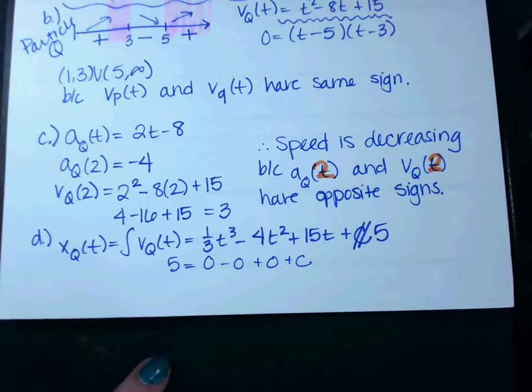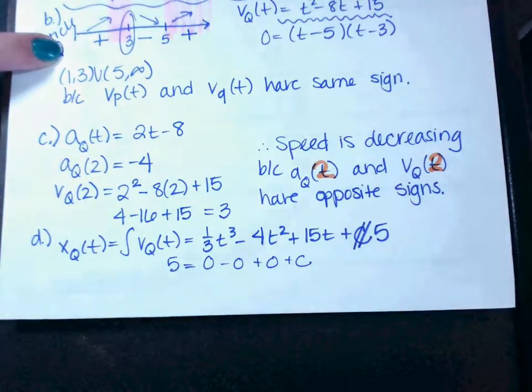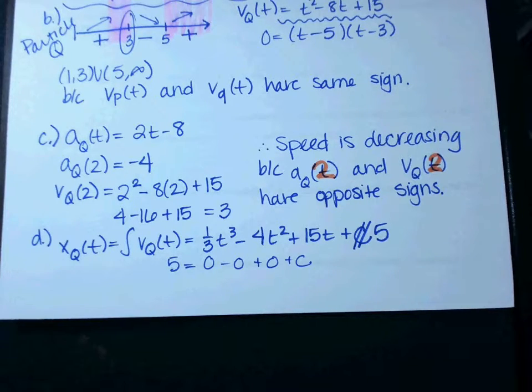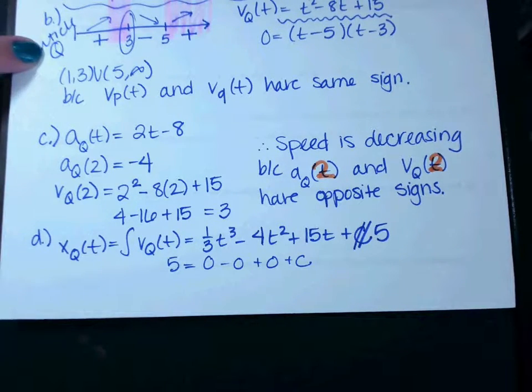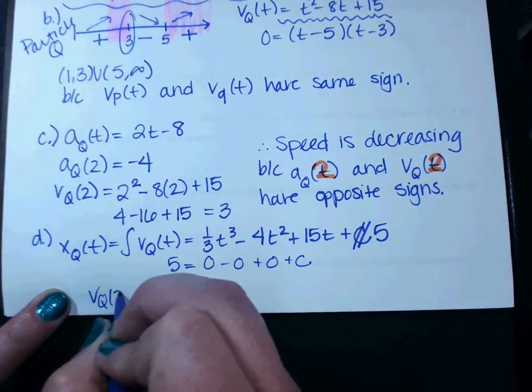Now, when did they want the position? At the first time it changes direction. Well, lucky for us, we already did that. Look at particle Q's sign chart. When did it change direction the first time? At 3. So with the 2 particles, you just have to make sure you're paying attention to the right one. So particle Q changed direction at 3. And remember, you do not have to work it out.